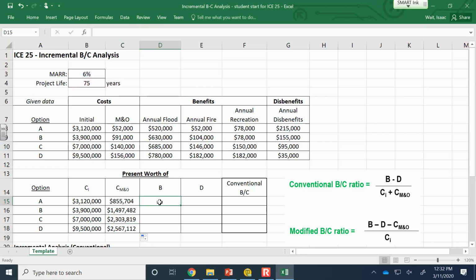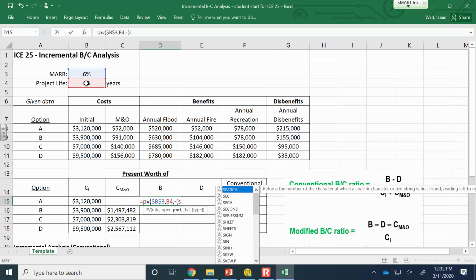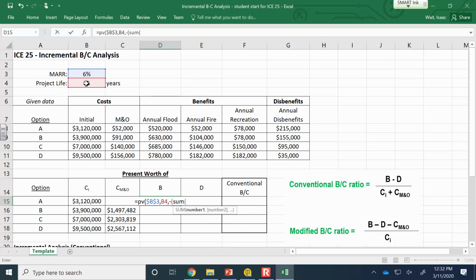Now here in B, it should be the sum of those 3 different benefits. And so I can put that sum function inside of the present value function. So equals PV of rate, reference to the number of years, and then inside the payment I'm going to put the minus sign like I always do, and then in parentheses let's see if I can embed the sum function, the sum of those 3 things.